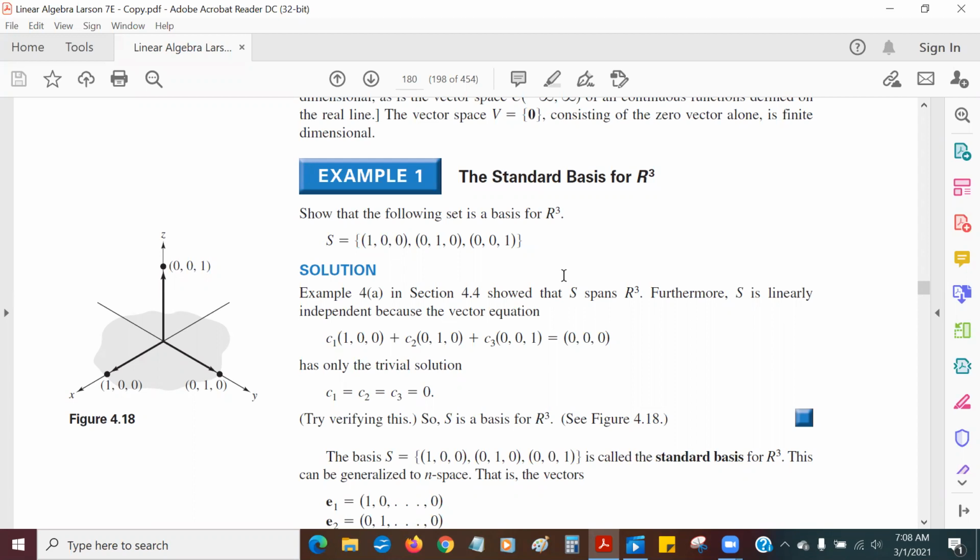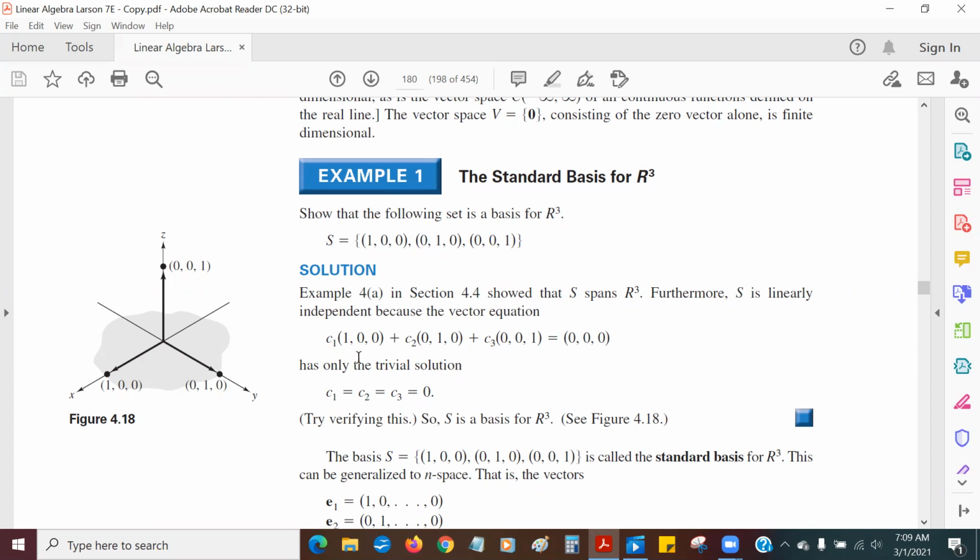Any vector in R3, let's say for example a vector (a, b, c), can be written as a times this one plus b times that one plus c times that one, which is going to give you the vector (a, b, c), the point (a, b, c). So clearly, and we showed this in the previous section, it spans R3.